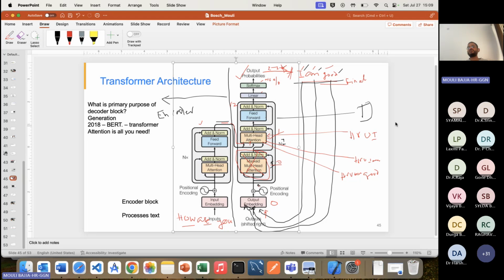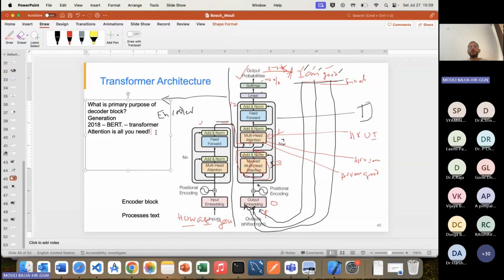It does not even touch the decoder at all. So Google initially emphasized only the encoder because processing text is their focus area. OpenAI, on the other hand, came up with generation models using decoders. So today, all of this output is coming from the decoder side only.